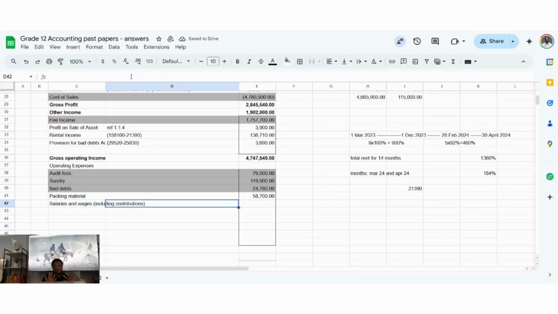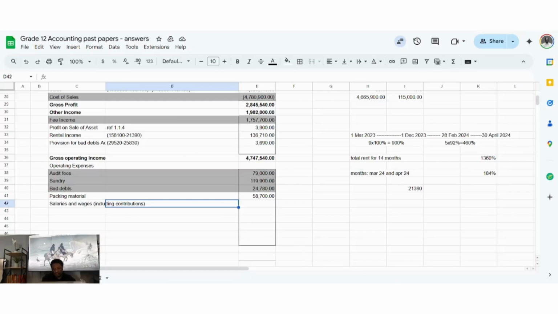But the most important thing to understand about it is that whatever amount you want to calculate for salaries and wages, it has to be the cost to company. What does it cost the company to have this employee? And it costs the company the gross wages they pay to the employee plus the contributions that the employer makes towards the employee.